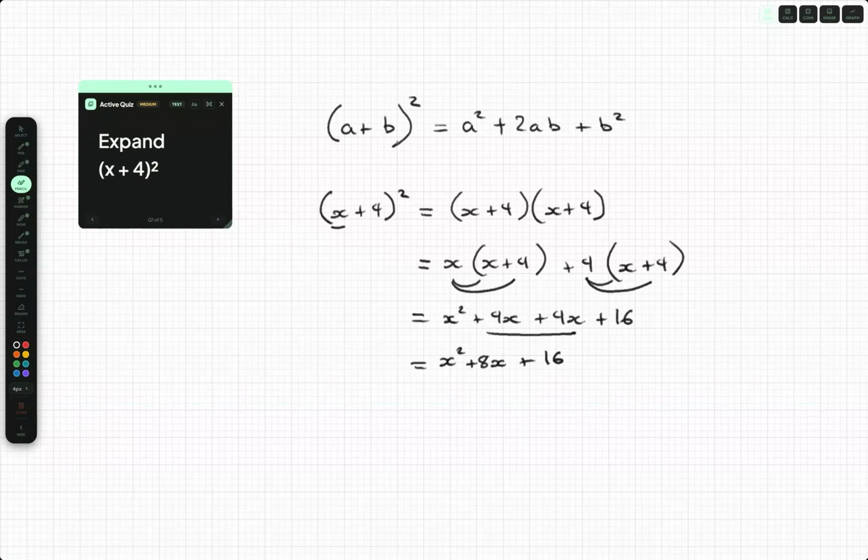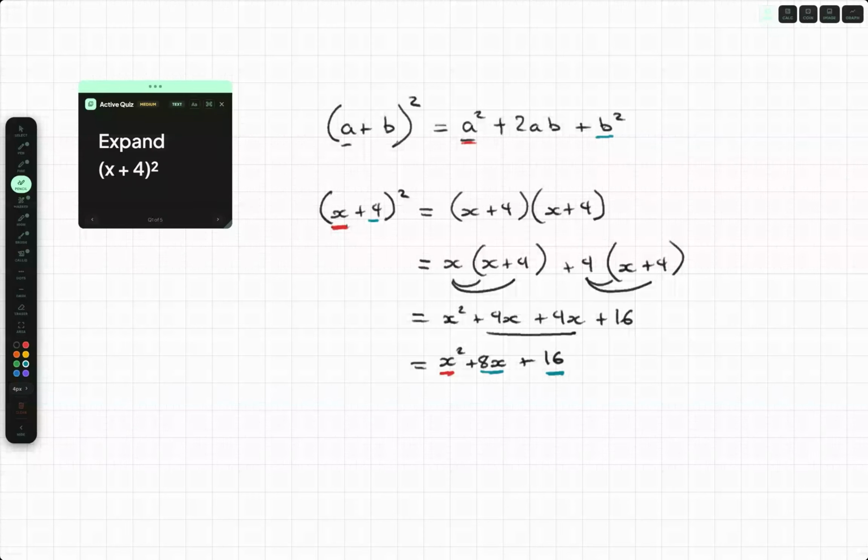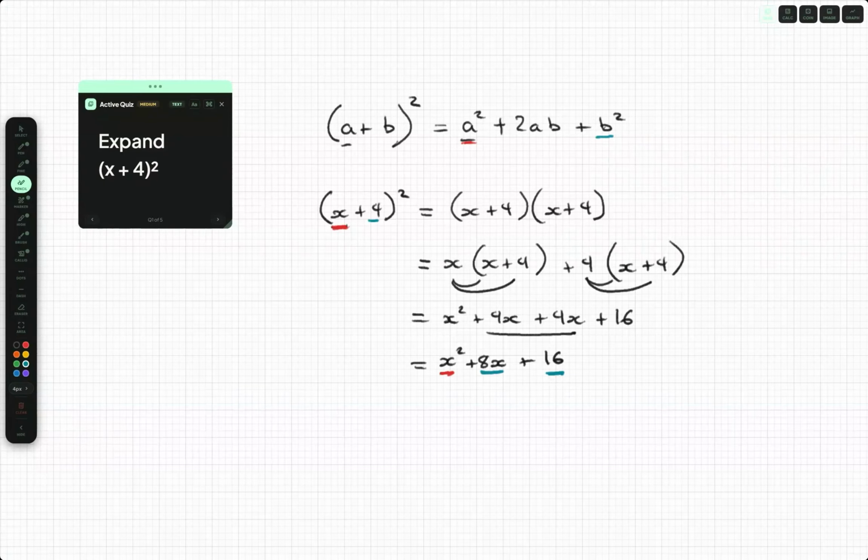So if this was our a, we've ended up with our a squared. And if this is our b, we've ended up with b squared here. 4 4s are 16. And then in the middle, a times b would be 4x. And we've got two groups of 4x here as an 8x. So you can use the formula directly, and you can solve it that way.